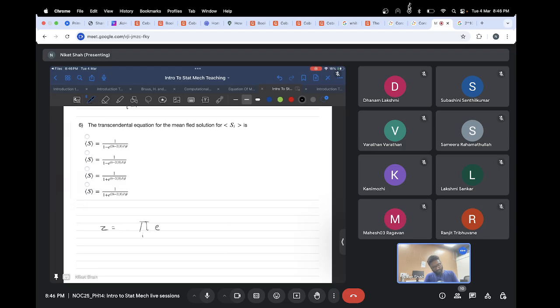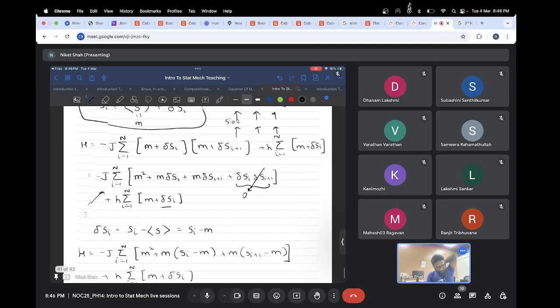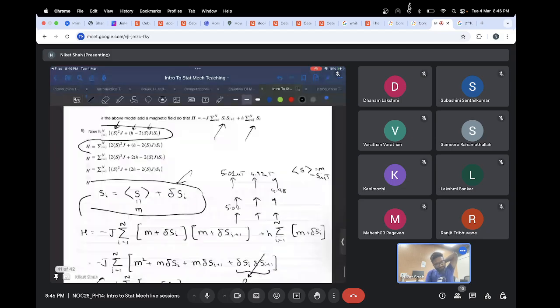E raised to power beta J Si plus 1, say, and sum over Sis.